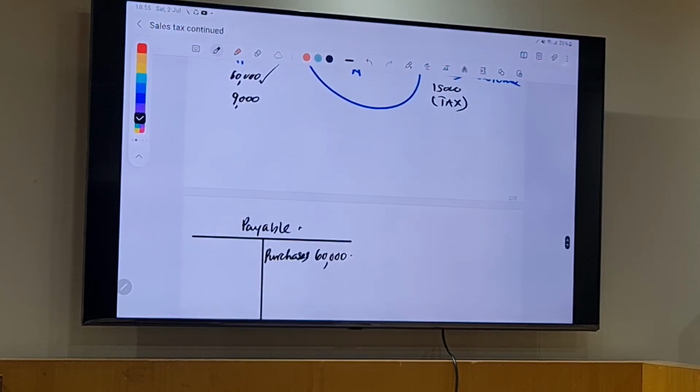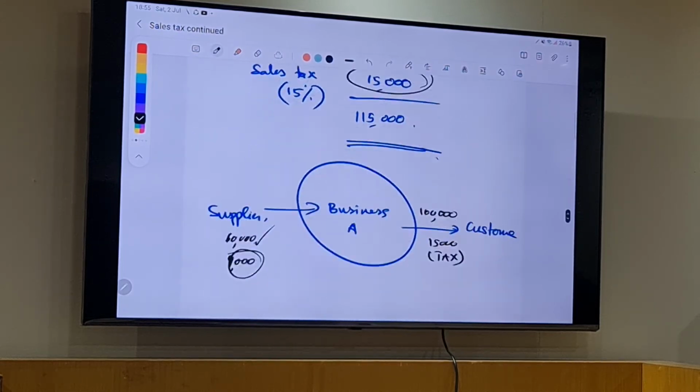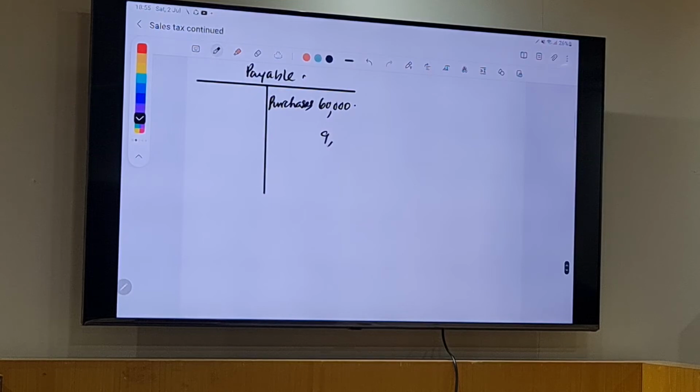Then on this purchase, I have sales tax, how much? 9,000. This 9,000, who should pay you? Supplier. No, I'm sorry. You should pay the supplier. It's your responsibility to pay the supplier. So it will become a payable for you. How much is that? 9,000.